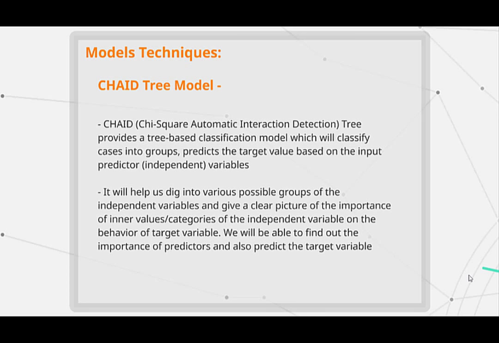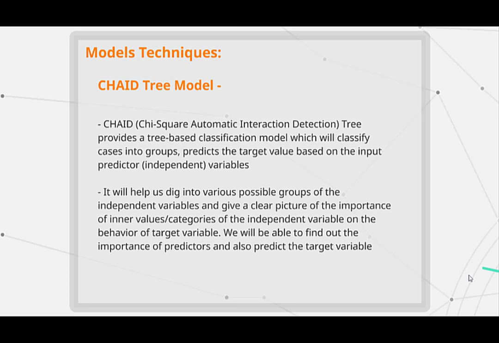The CHAID tree provides a tree-based classification model which will classify cases into groups and predict the target value based on the input predictor variables, which are independent. Our target variable in this model is total injured, which is nothing but the total number of people injured in accidents. As most of our predictors have multiple levels, it helps us dig into the various possible groups of the independent variables and gives a clear picture of the importance of independent variables on the behavior of the target variable.